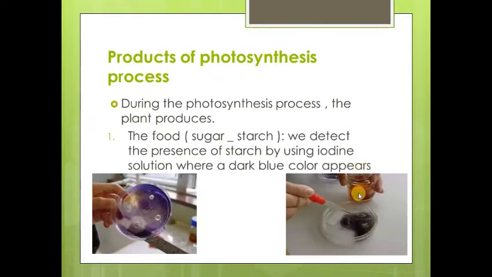Here in this photo, the man will add a solution which is a little bit brown to a starchy solution which is white. Here we can see that the solution will change into blue color.